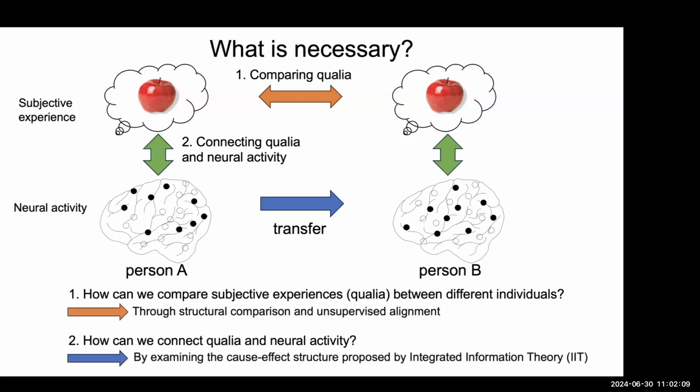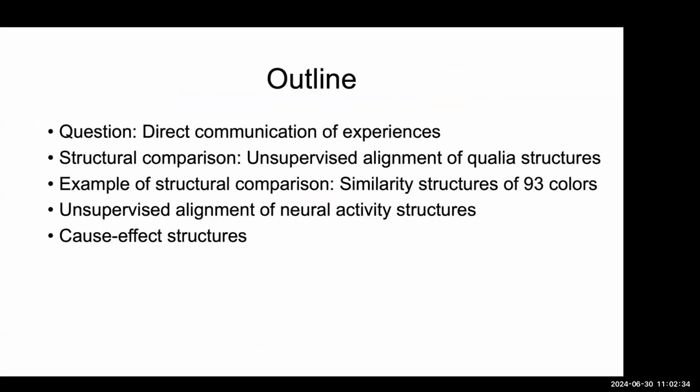Our answer at this point is that the first problem should be addressed through structural comparison and unsupervised alignment. And the second problem should be addressed by examining the cause-effect structure proposed by integrated information theory, IIT. So here is the outline of today's talk.